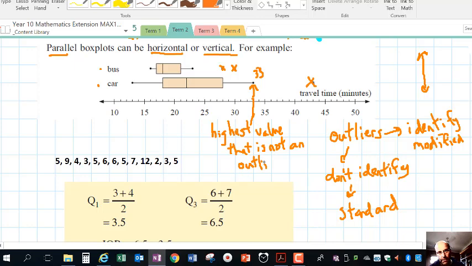Generally you should try to do the modified box plot, because it does a job at identifying outliers, and we often need to know about them. Remember from the previous video, outliers are important. It could be human error, or it might just be a strangely large or small data set. Outliers can happen on the bottom end as well.